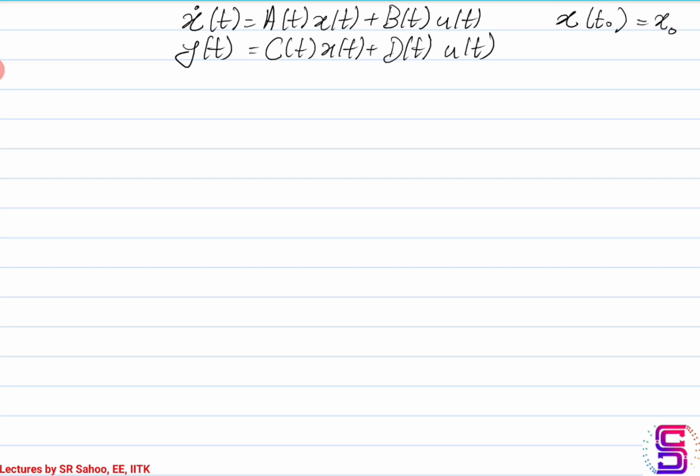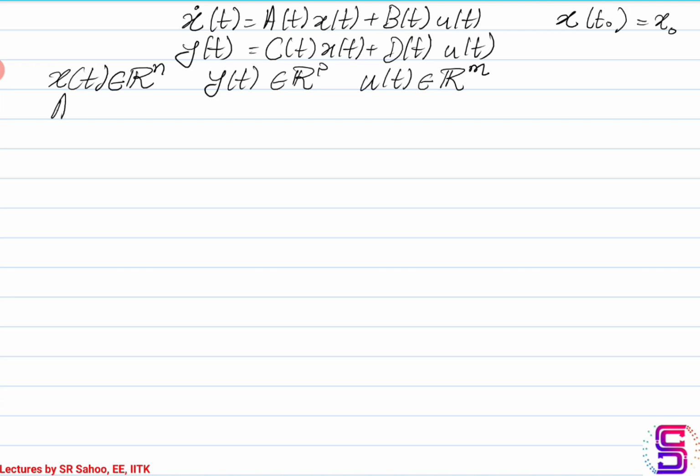Okay, before we proceed, please note that we are considering real systems, and hence x of t belongs to R^n. So this is an nth order system that we are considering. y of t, the output, belongs to R^p. u of t belongs to R^m.